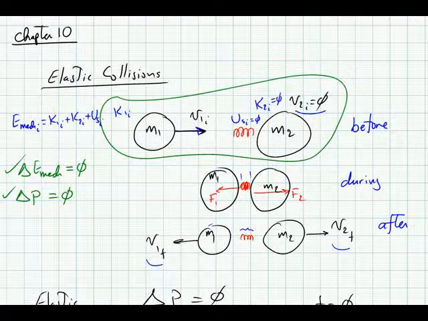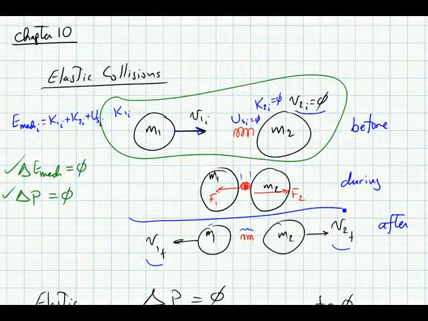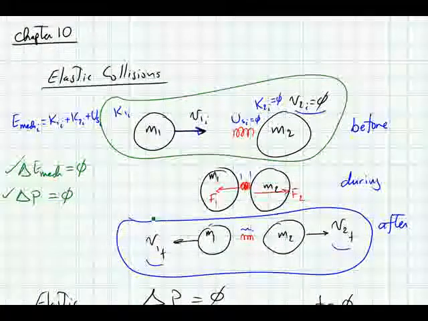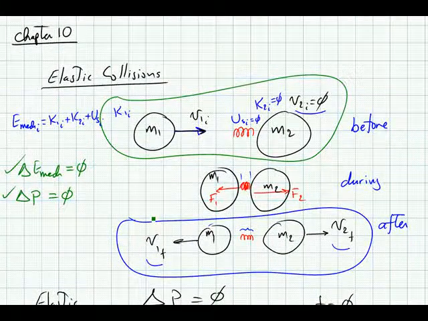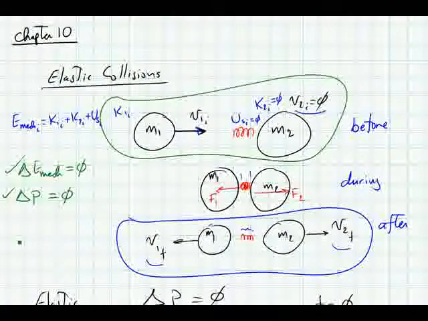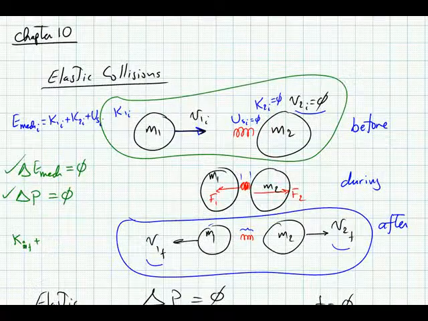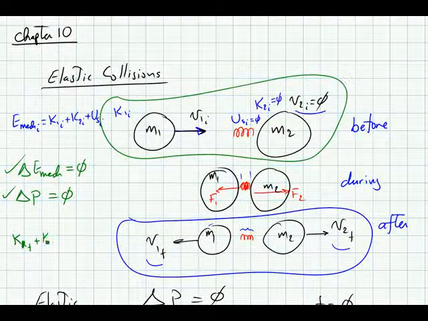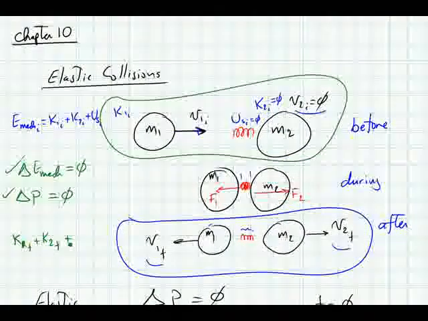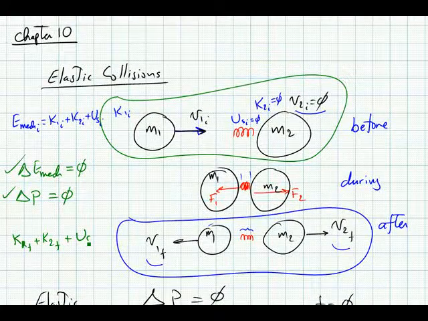And after collision, once again, this is our system here. So after collision, we have K1 final plus K2 final plus US final.